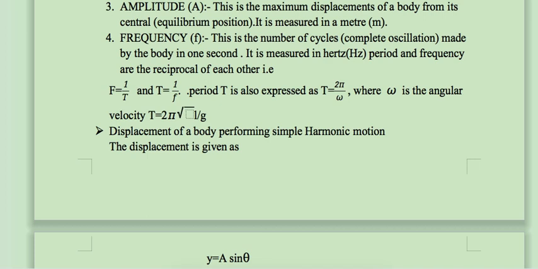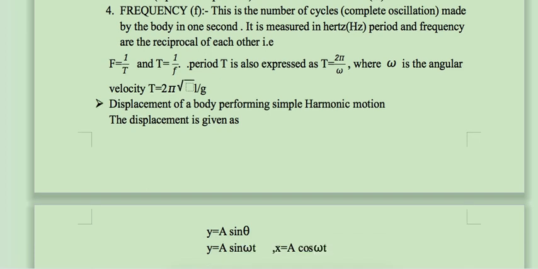A body's displacement can be obtained from a sinusoidal graph. The displacement from the sinusoidal graph is given as A sine theta. As we have known from the beginning, A means amplitude, and theta is the angle that the cycle makes with the plane.